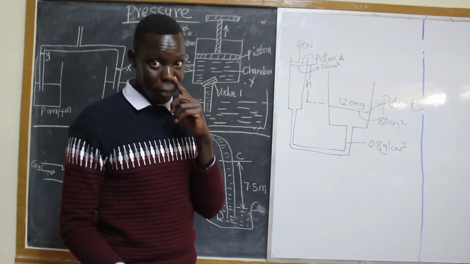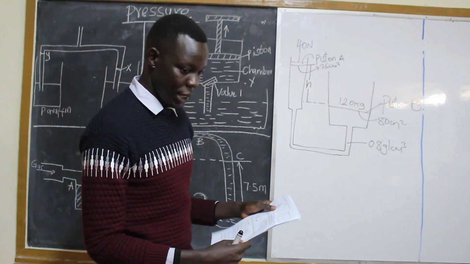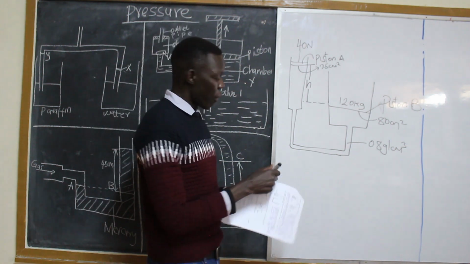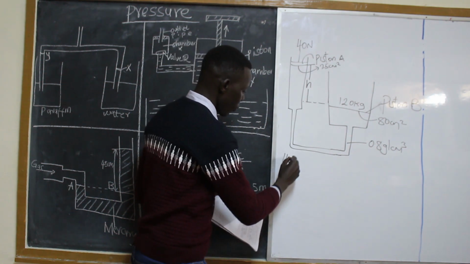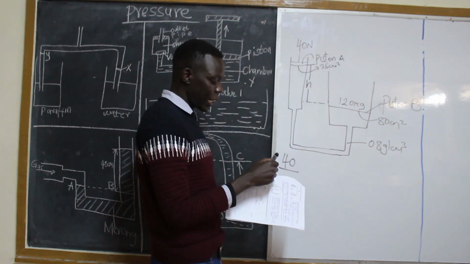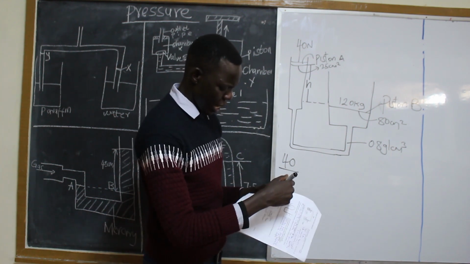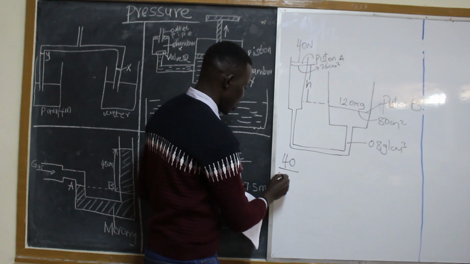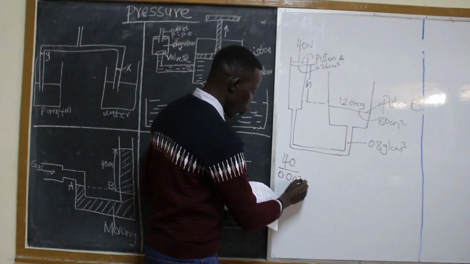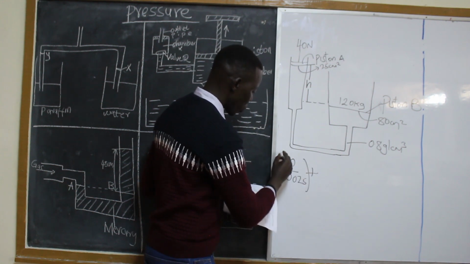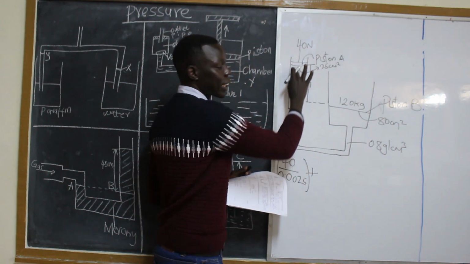So what are we going to do here? I will make it very simple. I will say 40 over the area. It has been given in centimeters squared, but I want us to use SI units. You divide by 10,000 and you get 0.0025, plus rho gh, the height.